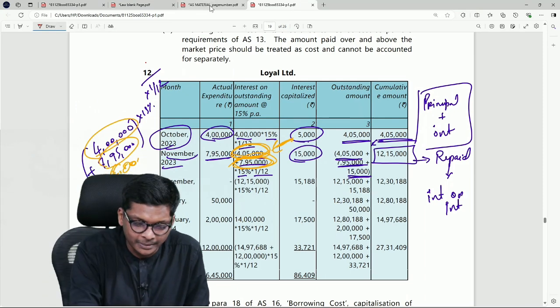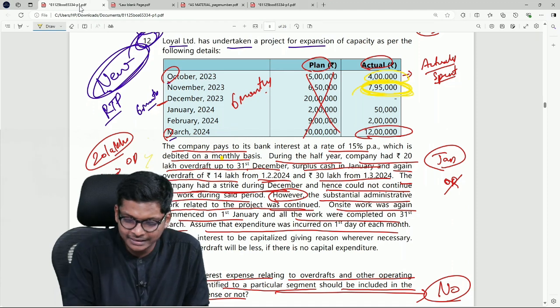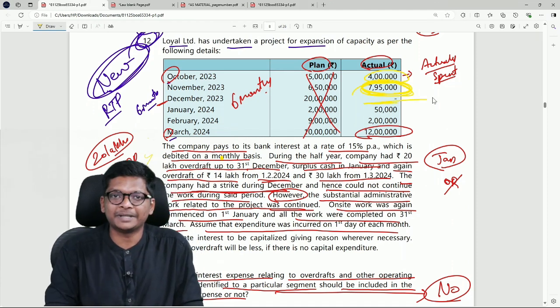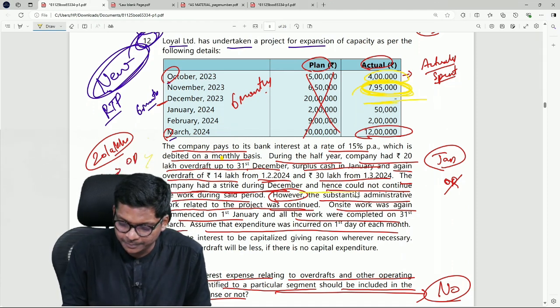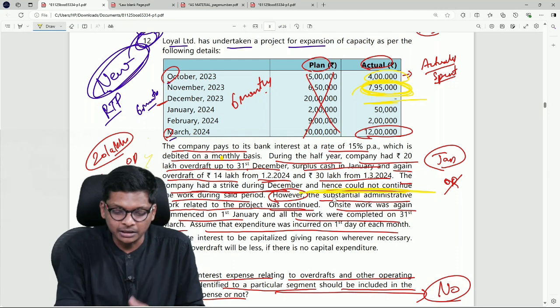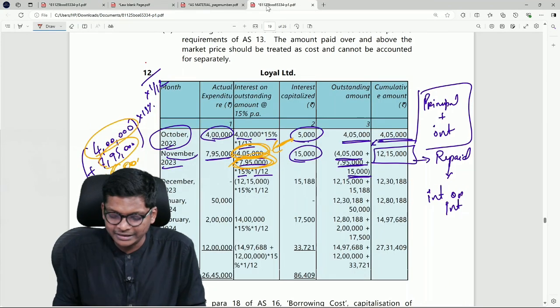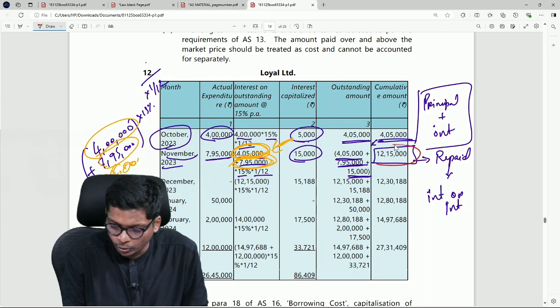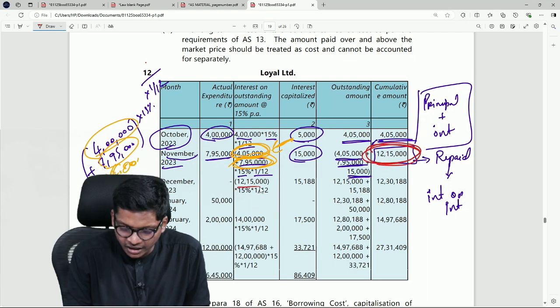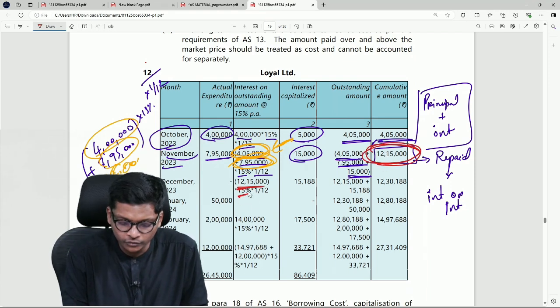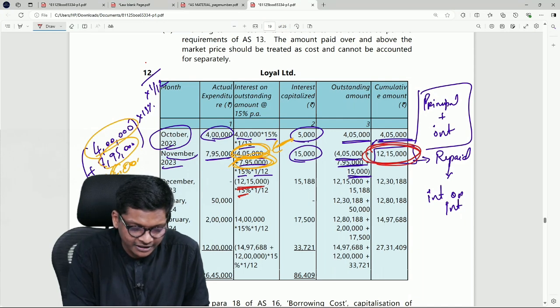Next, let's go to the month of December. In December, no expense has been taken. Even though work has been suspended, we can continue capitalization. So, interest I will pay on the same outstanding. Look at this, 12 lakh 15,000 will continue into 15%. So, 12 lakh 15,000 you are still yet to repay in December into 15% into 1/12.